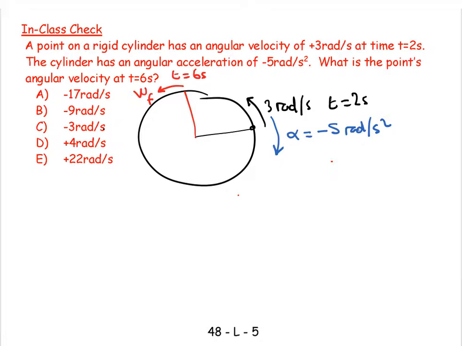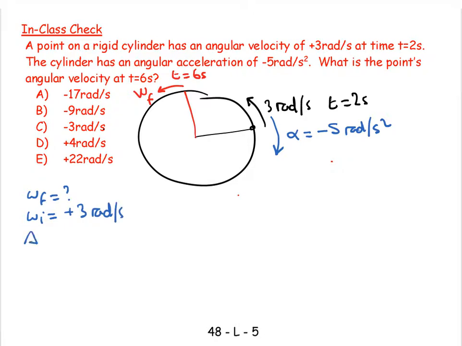It's a bit like kinematics. It is angular kinematics, the same thing. If it's uncomfortable, let's make a list. I want to find omega f, but I don't know what it is. I do know omega i: it's plus 3 radians per second.